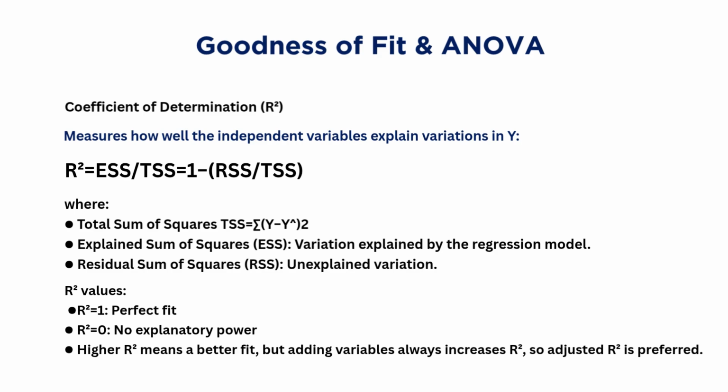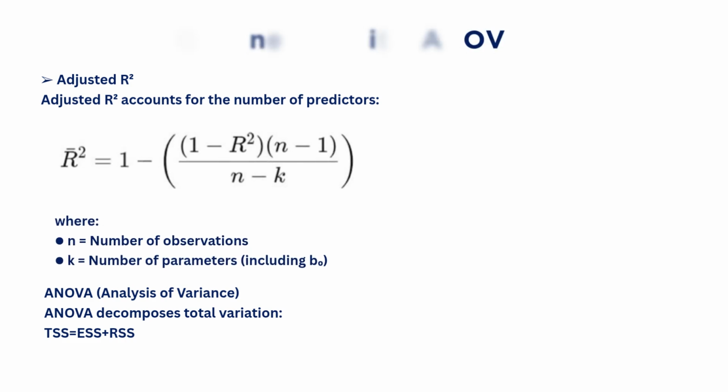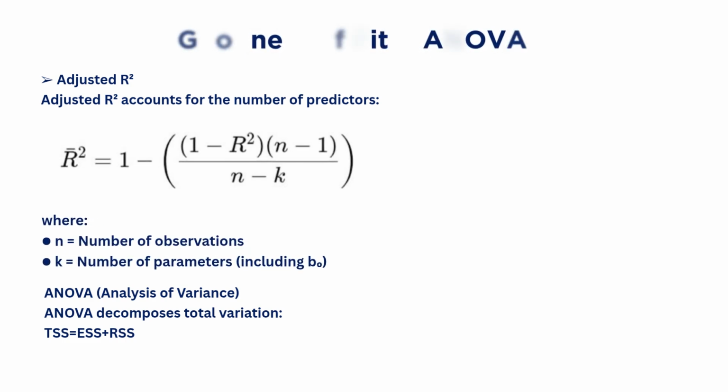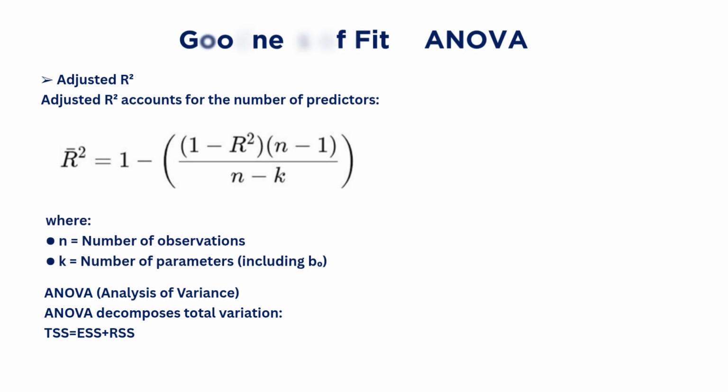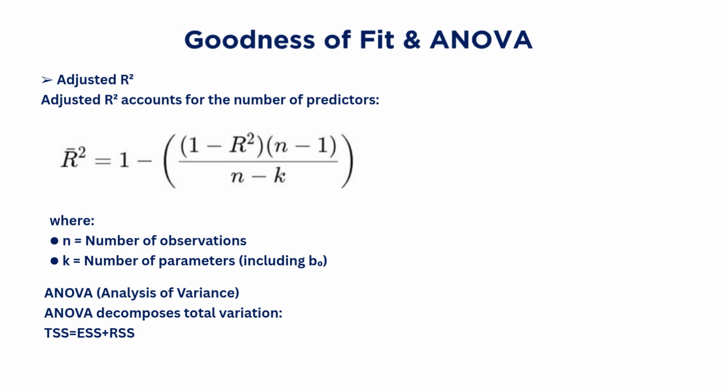Okay, we can now move to our next slide. Here adjusted R square is equal to 1 minus (1 minus R square) into (n minus 1) divided by (n minus k).